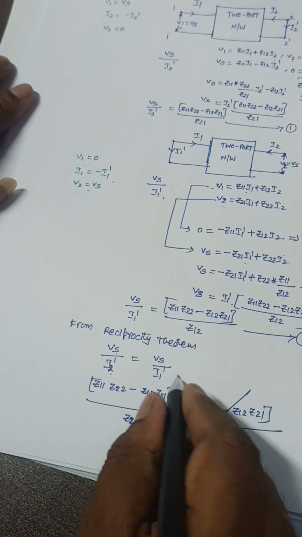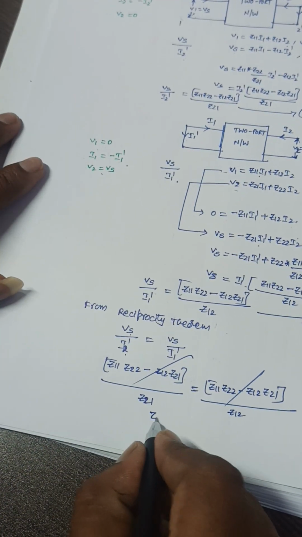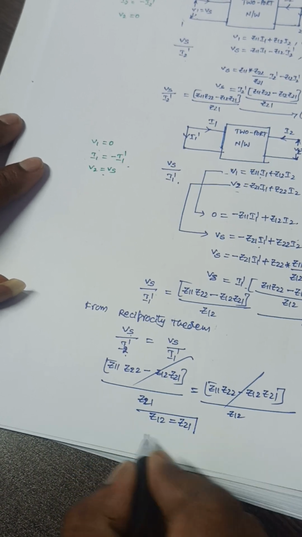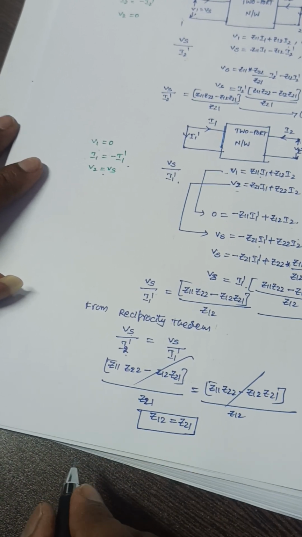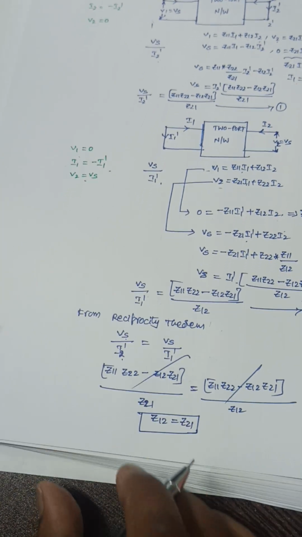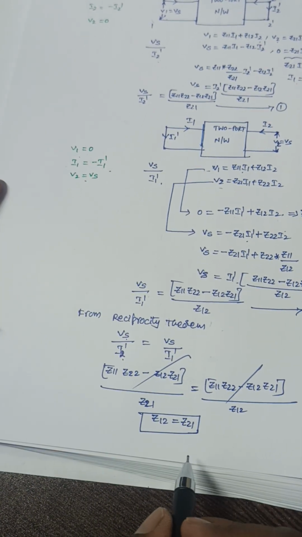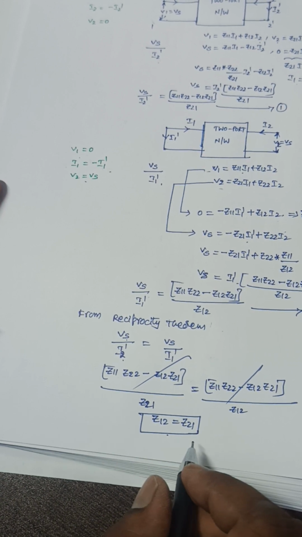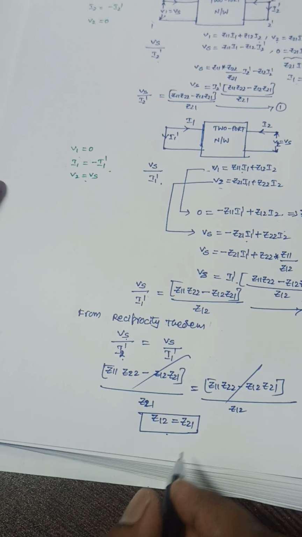So this one and this one will get cancelled here. So finally Z12 is equal to Z21. This is the condition for the networks to be reciprocal in terms of Z parameters. So Z12 is equal to Z21 is the condition for reciprocal networks.